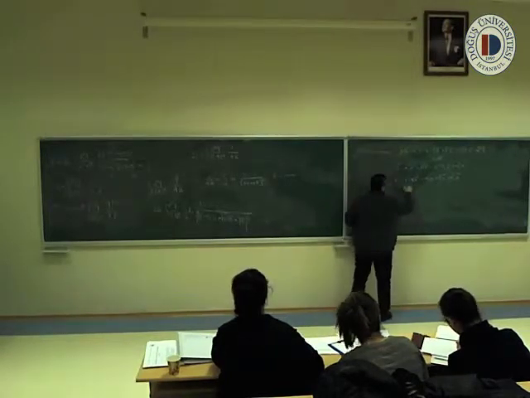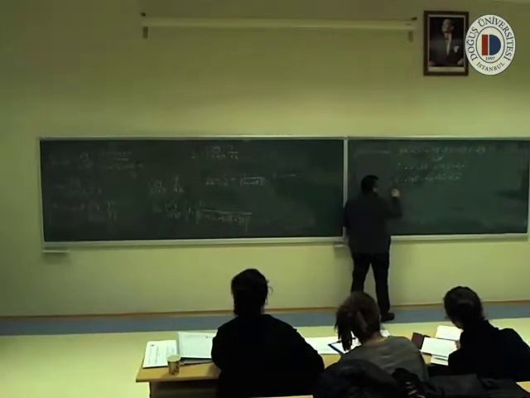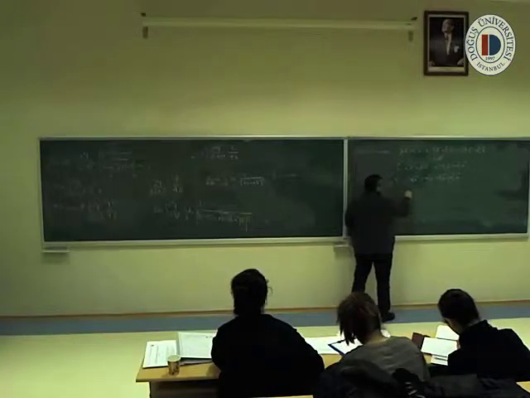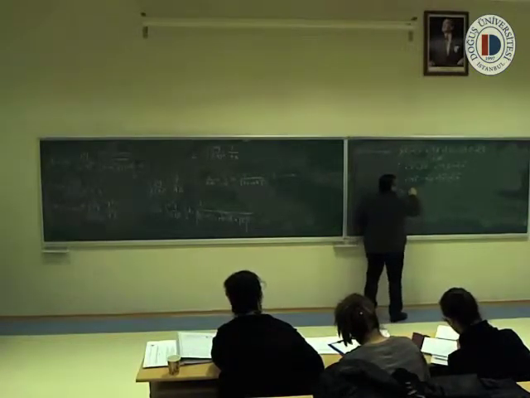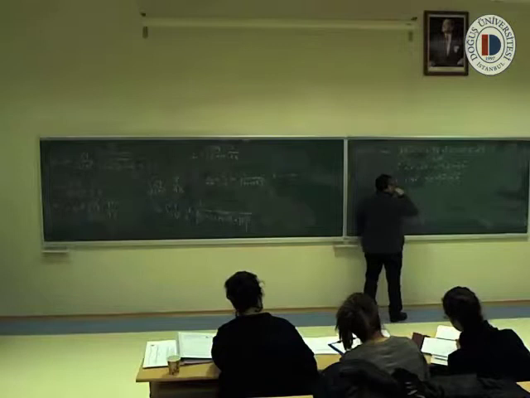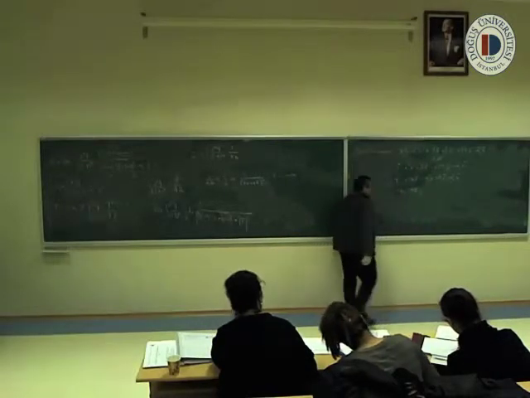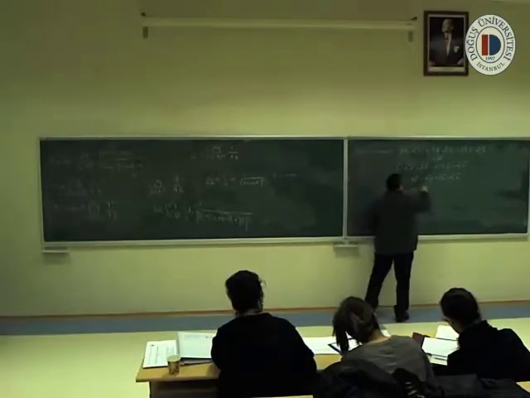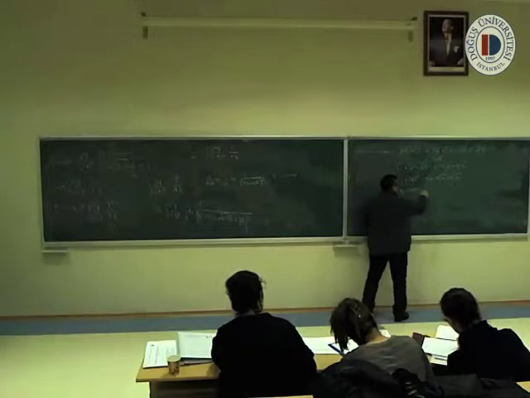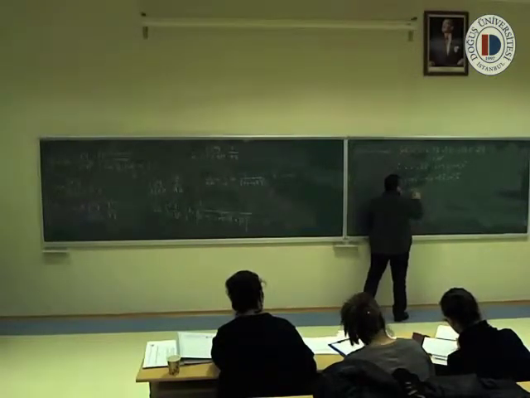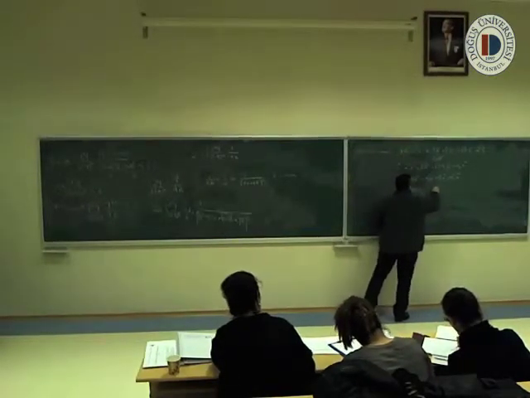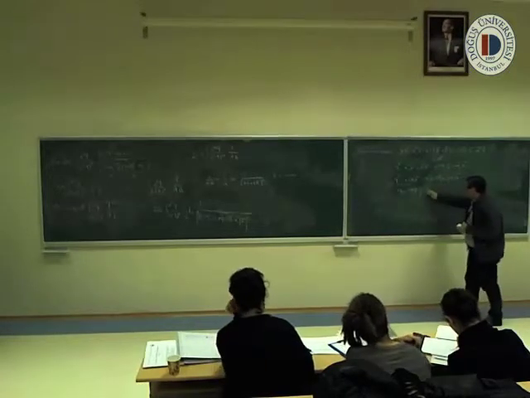Now we can write these two terms as q minus p x bar, squared, minus p square x bar squared.